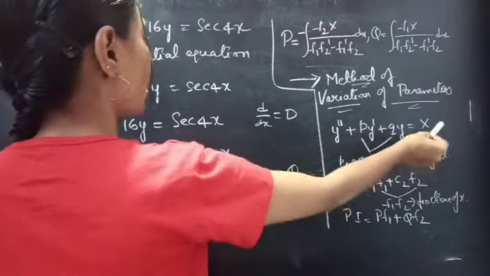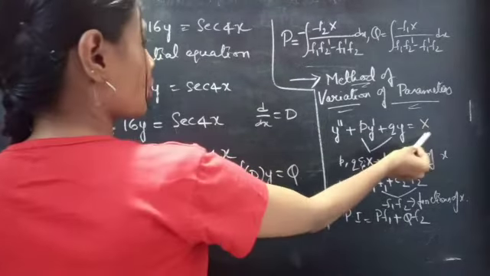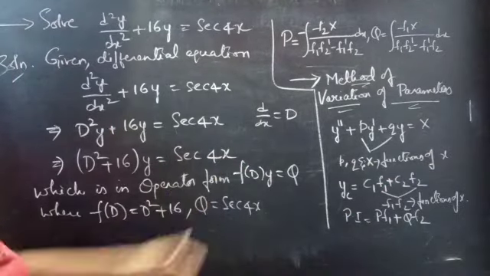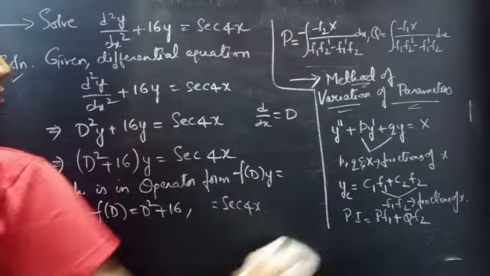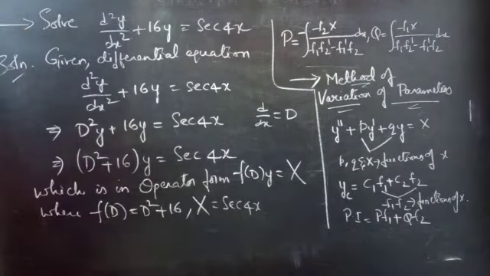So we'll consider the RHS part as X, a function of x. In the RHS we also have a function of x, so let's consider some capital X for our convenience.